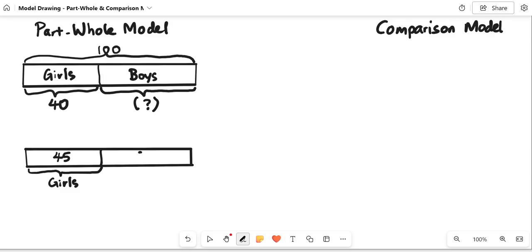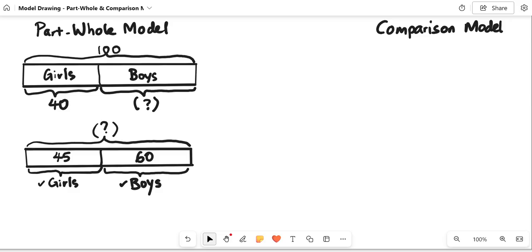And there are 60 boys in the hall. Then how many children are there in the hall? So the question mark is to find the whole bar, and therefore you are given one part and the other part, and you are supposed to find the whole.